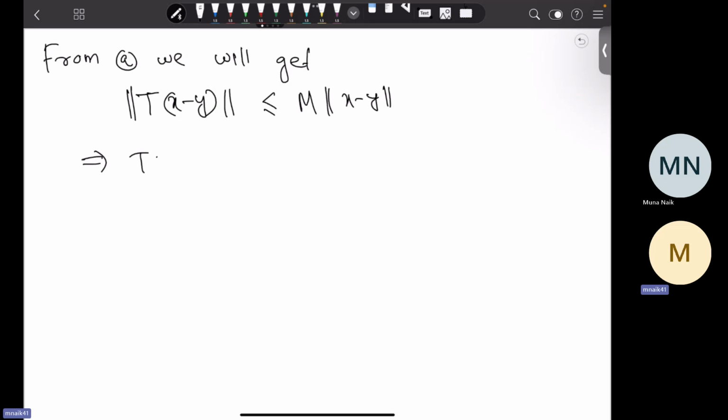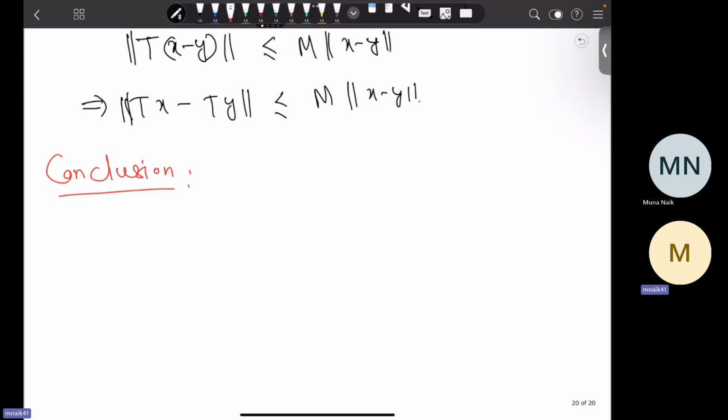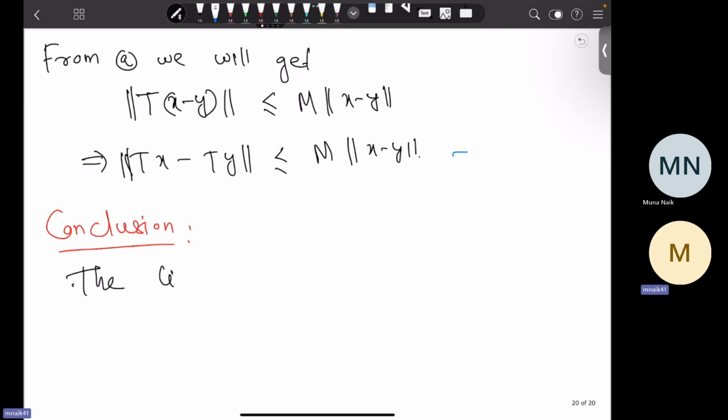So this implies that the norm of Tx minus Ty is less than or equal to m into the norm of x minus y. So the first conclusion, as x goes to y, Tx goes to Ty: the linear map T is continuous. Call this C.